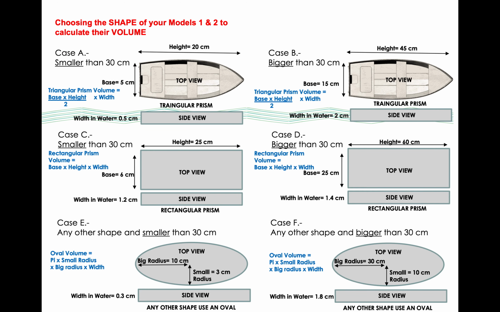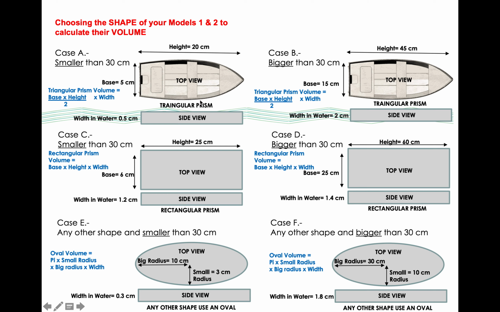For getting the measurements of your ship, for getting the volume of water immersed, we are going to be using the shape and also the size. Back again, cases A, C, and E on the left side are for those smaller than 30 centimeters.